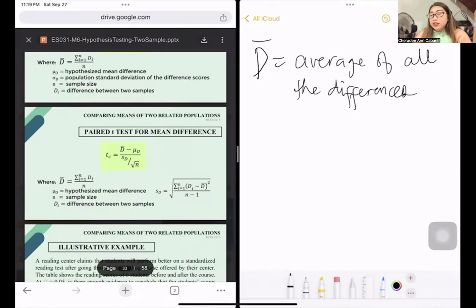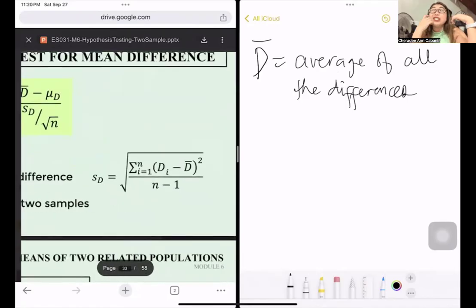If you compute for it, it's like what we call the mean square error, because you compute the difference minus the mean difference squared, over your degrees of freedom.